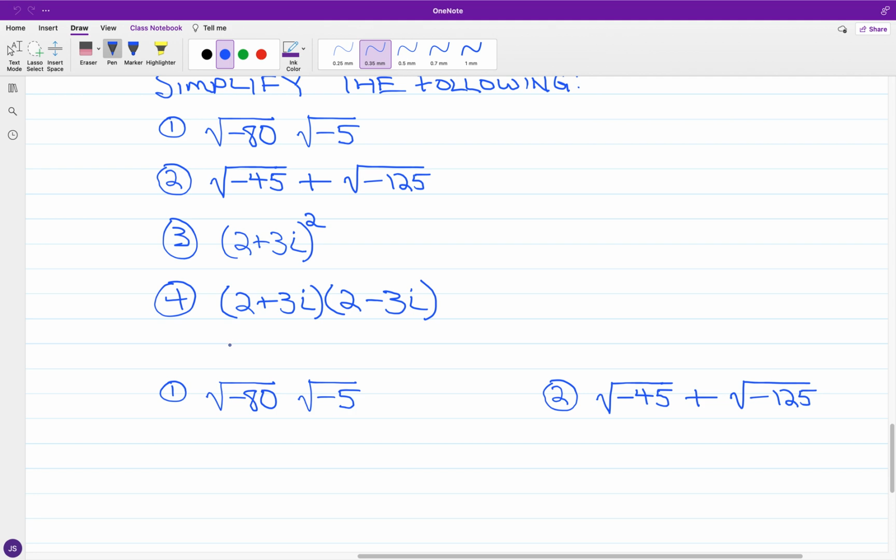If you're still working on these items, that's fine. We have these 4 problems. The first 2 we have with complex radical terms.